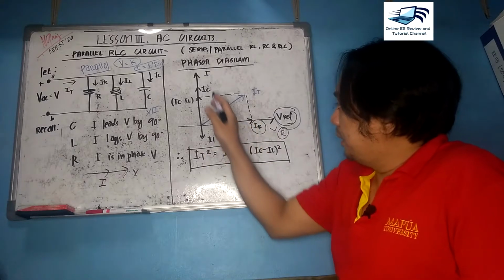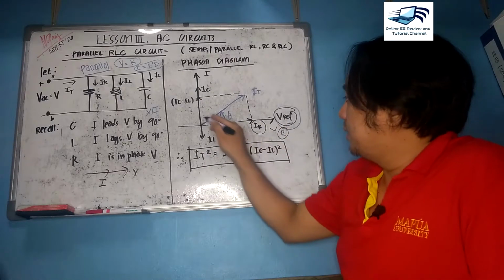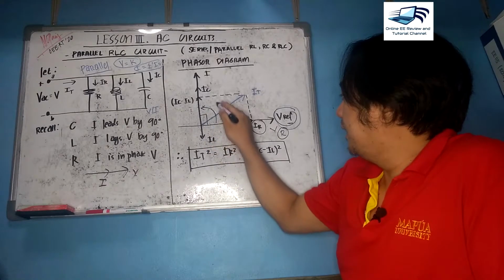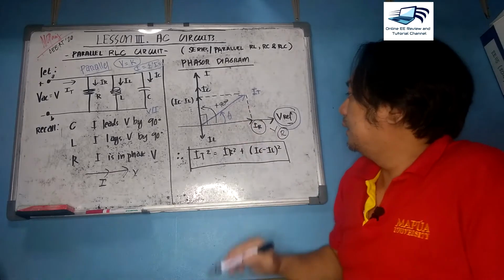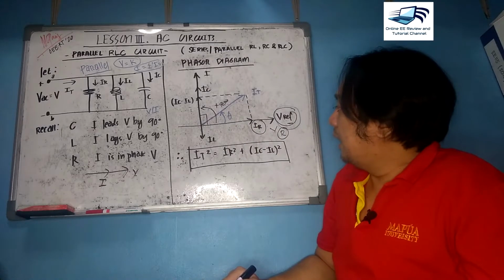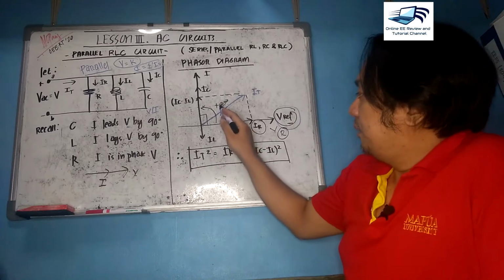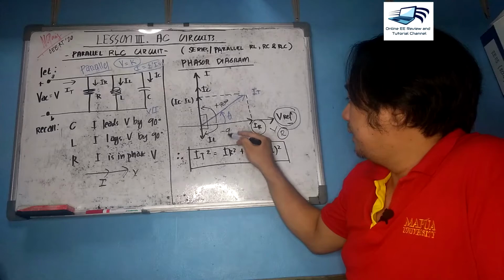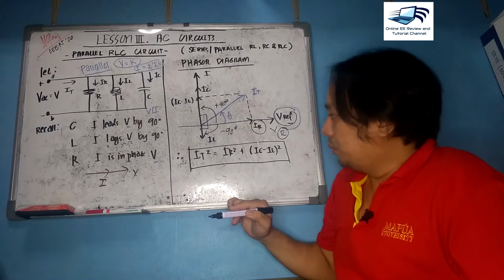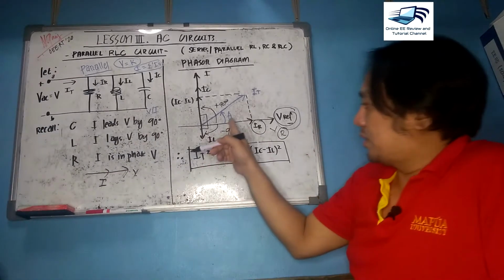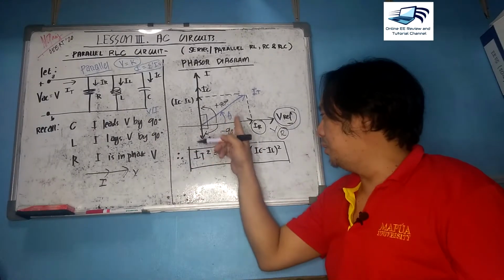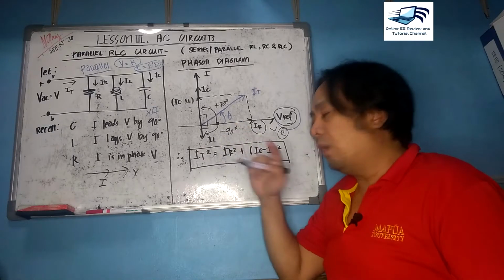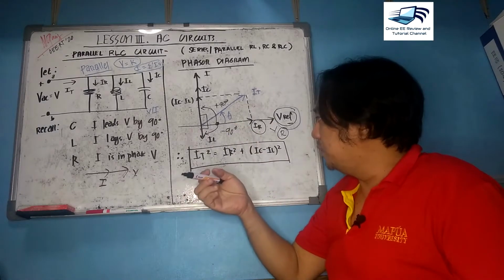Also, for the capacitor, the current versus the voltage has a 90-degree angle, positive because that is leading. And here you have a negative 90-degree angle, or a lagging condition, for your L, because with respect to the reference, you need to rotate the angle in a clockwise direction for a lagging condition.